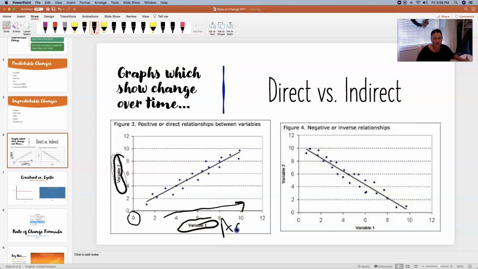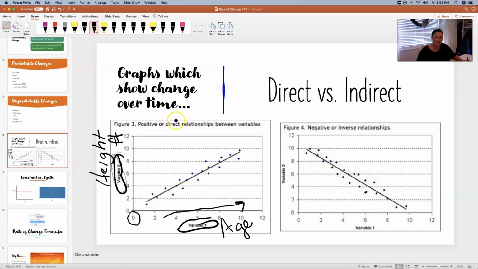If I label this variable as age, and this variable as height, and I don't know anybody who's actually 12 foot tall, or even 9 foot tall, but if this variable was height in feet, okay, this person is a giant. But understand that as you increase your age from 0 to say 10 or 12, this graph shows a positive relationship: each year that you lived on this planet, your height continued to increase.